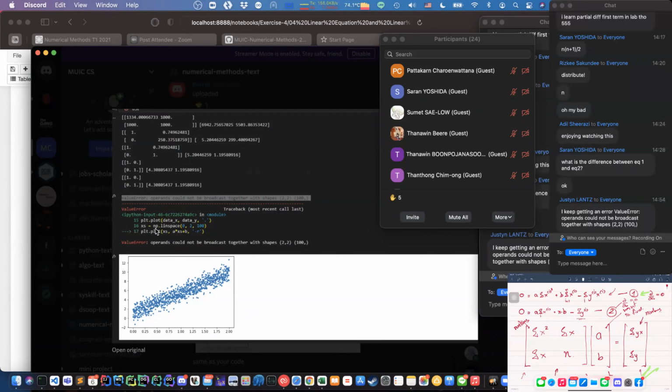Oh, that's the code. Print A and print B, and then you're going to see. A and B should be a number.